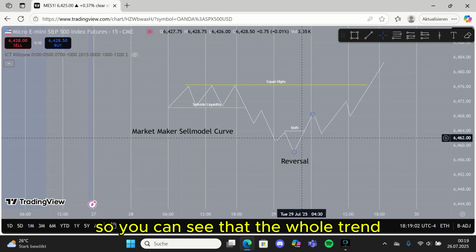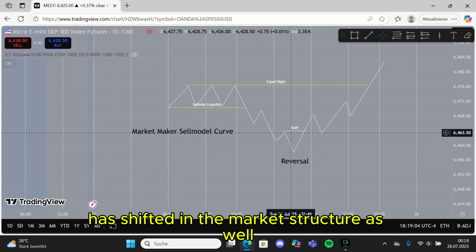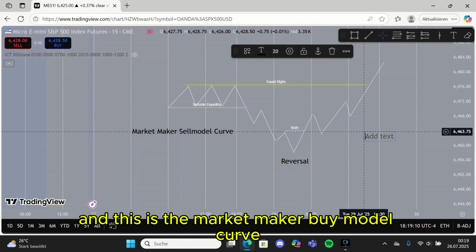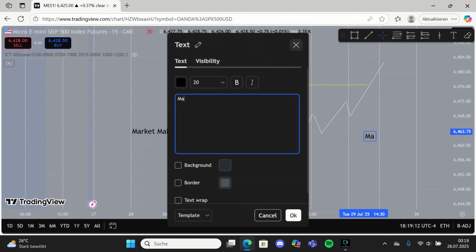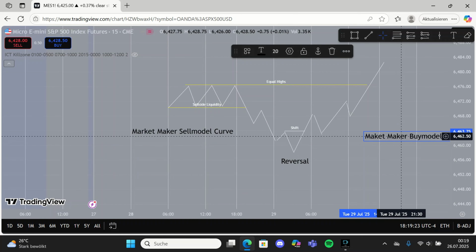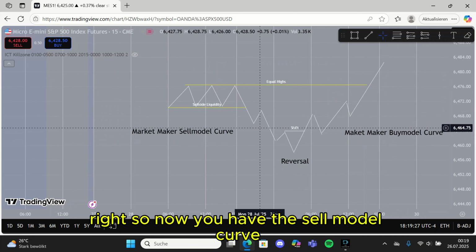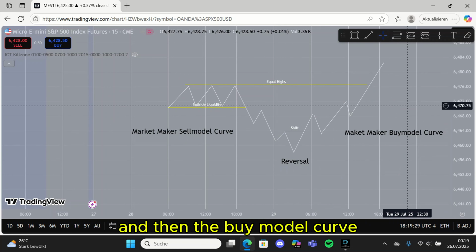So you can see that the whole trend has shifted and the market structure as well. And this is the market maker buy model curve. Right. So now you have the sell model curve and then the buy model curve.